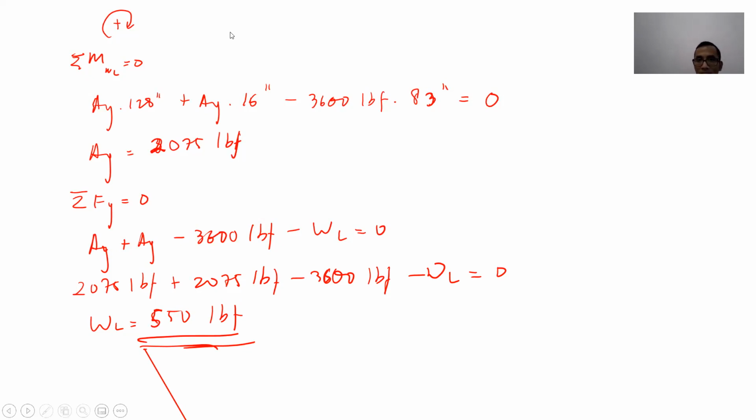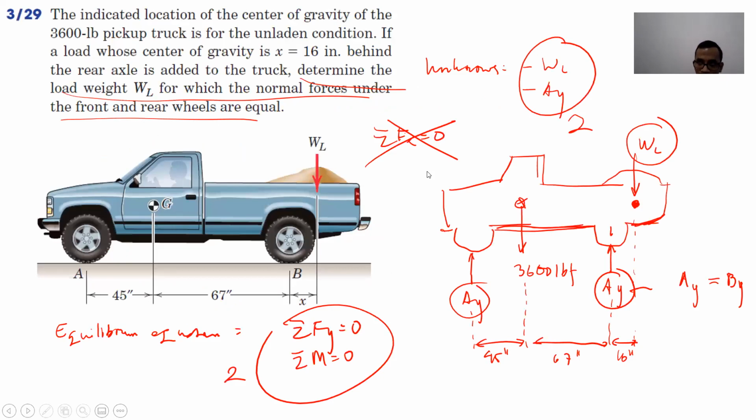So for every one of you, if you don't know the solution yet, don't just give up. Try to draw the free body diagram first. And then after that, try to implement everything that you know from the problem in the free body diagram.